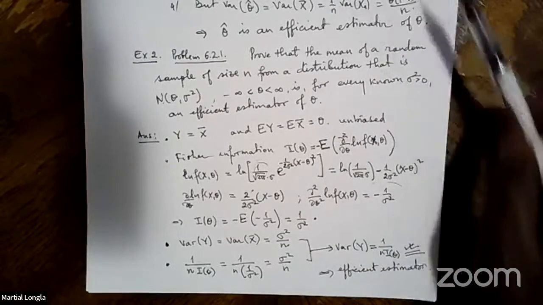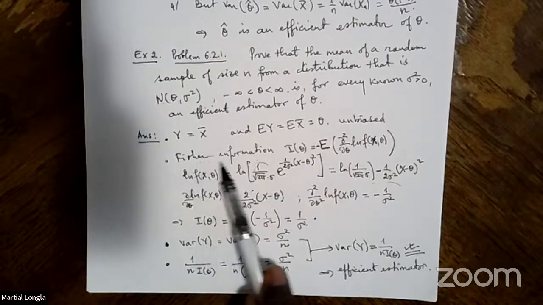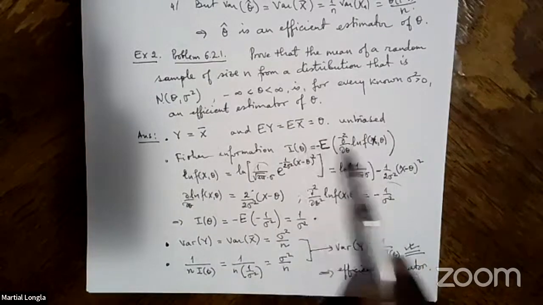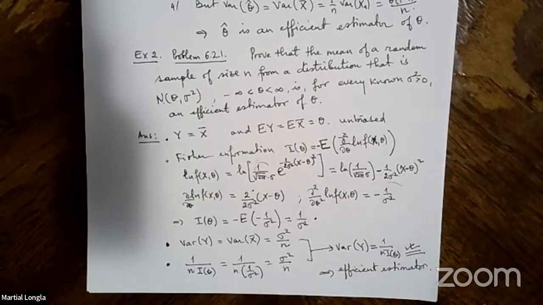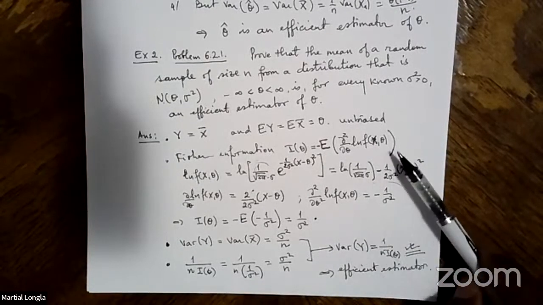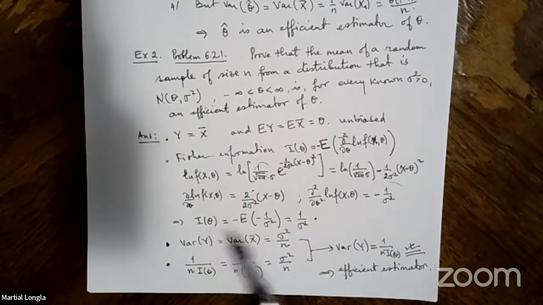Therefore, same as in the previous problem, K of theta is theta, so K prime is 1. We compute the Fisher information using the formula. I claim that the regularity conditions 0 through 5 are satisfied here, so we can use this formula. We do so, and we get that the Fisher information is 1 over sigma squared.